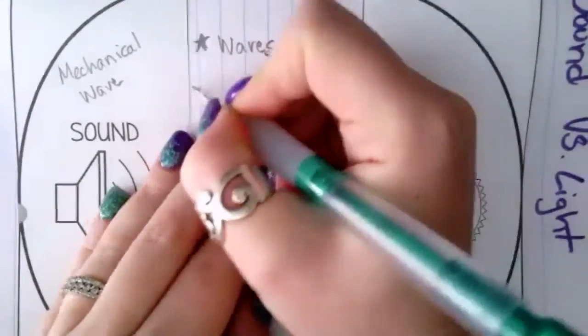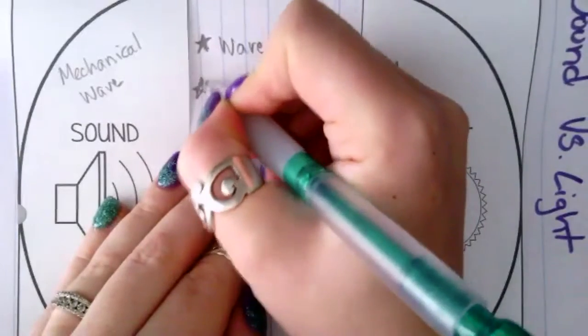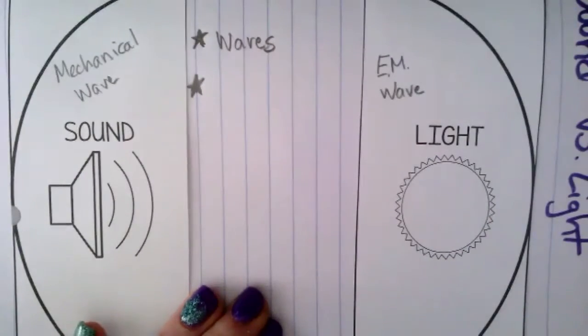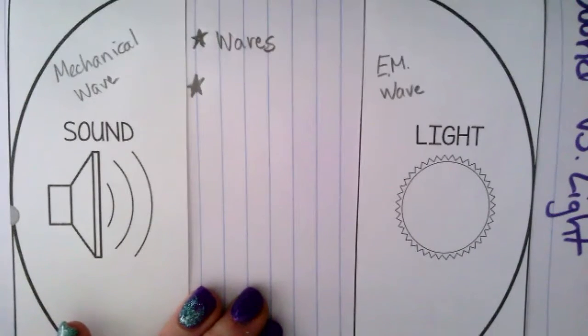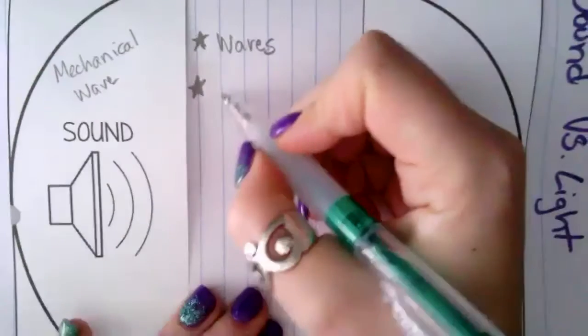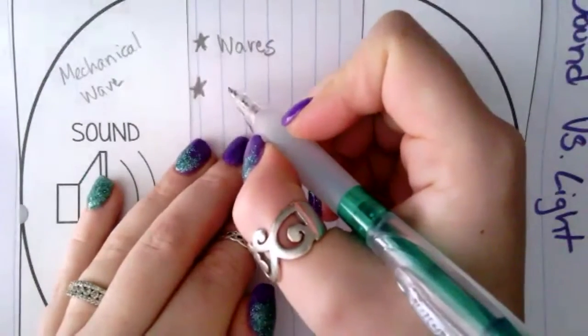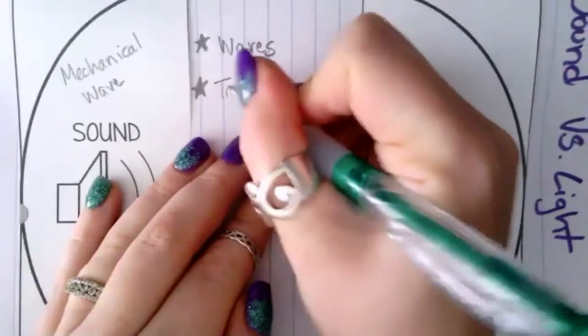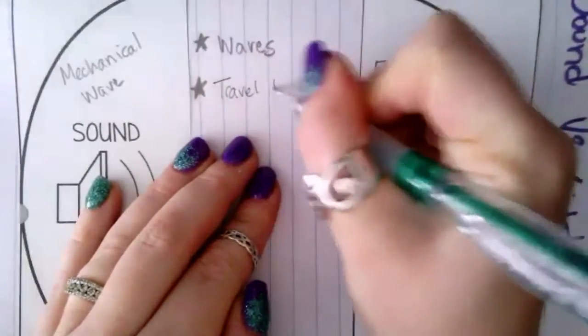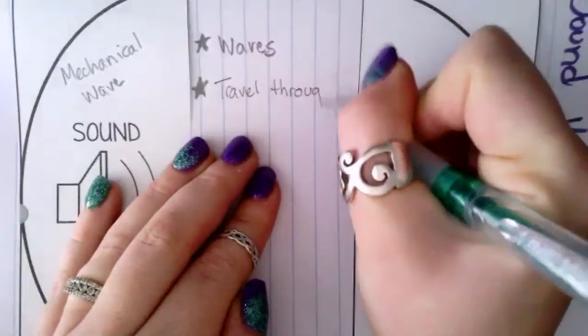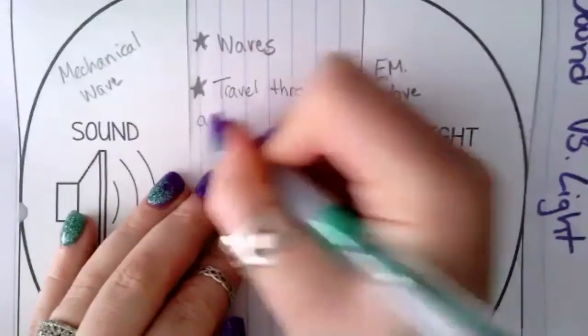So if they're both waves, then they can both do something. What are waves? What's the purpose of a wave? They can both go through stuff. Okay, so they can travel through a medium.